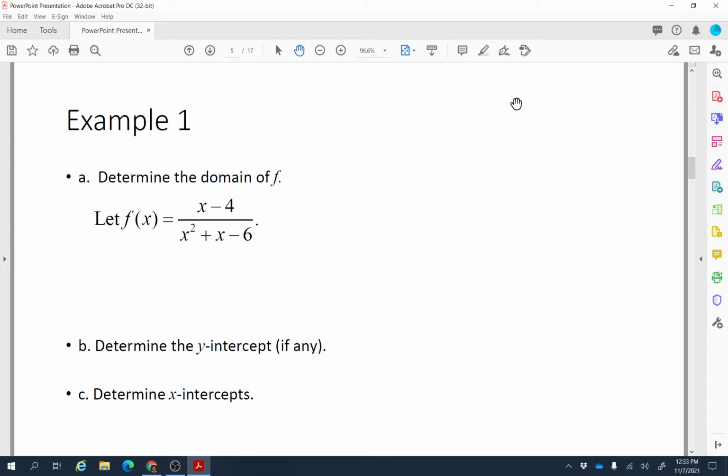Now let's check. Let's say this is the function, and we need to find the domain, y-intercept and x-intercept. For finding the domain, always equate the denominator with 0 and solve for x. Before that, I always find the factors on the top and on the bottom. This is quadratic, so for finding the factors, look at the number 6. 3 times 2 is 6, and with positive 1, so positive 3 and negative 2.